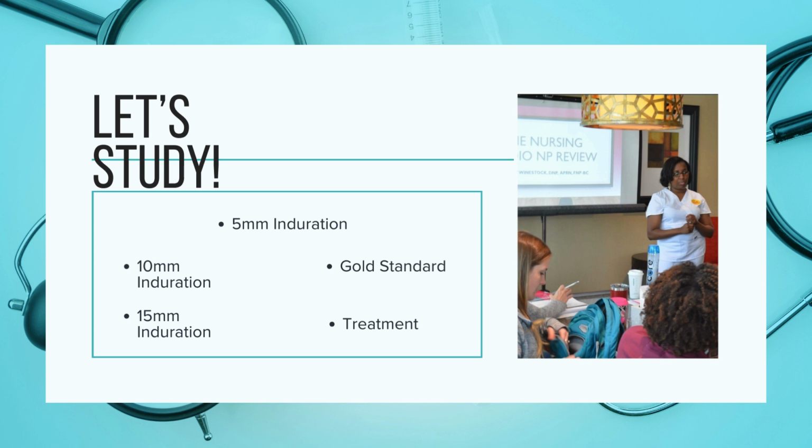Because think about it, with any smaller area, you can't wait for it to become larger. And also people who have been in recent close contact with someone who was diagnosed with TB, right? So immunocompromised, and those in recent contact with somebody who has a confirmed tuberculosis diagnosis, a 5 millimeter induration is considered a positive finding.